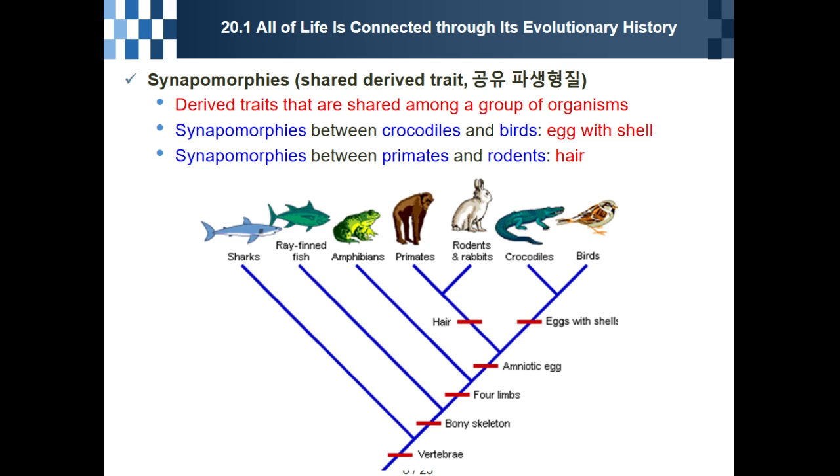For example, the synapomorphism between the crocodile and birds is eggs with shell. This is the synapomorphism between the crocodile and birds. How about between the primates and the rodent? The synapomorphism is hair. It is like this. This is what we call synapomorphism. The full name is shared derived trait. In Korean, we call it 공유 파생형질. Okay.